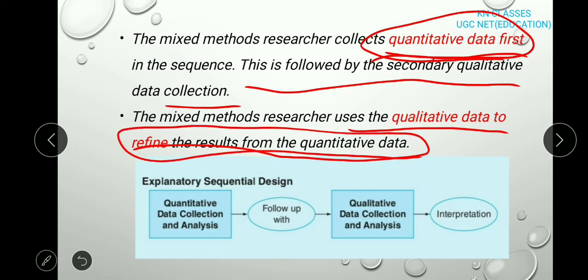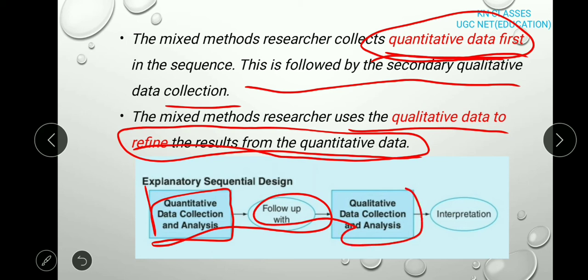This is the explanatory mixed method research design. See this diagram, taken from John W. Creswell's book. The diagram shows that first the researcher will collect quantitative data, followed by qualitative data collection and analysis. After all, the interpretation will be made.